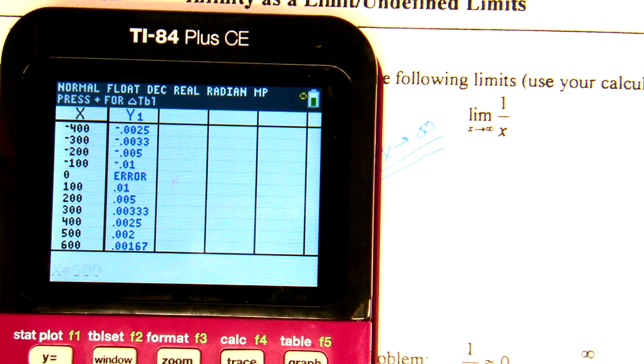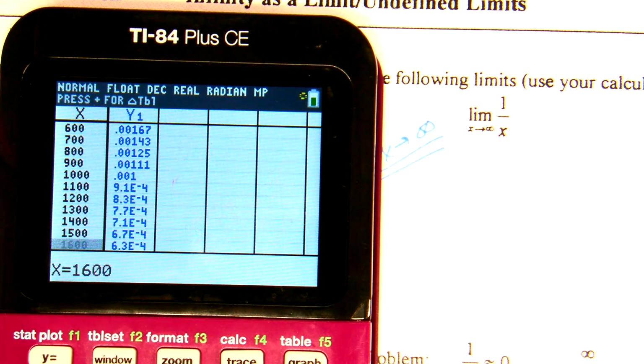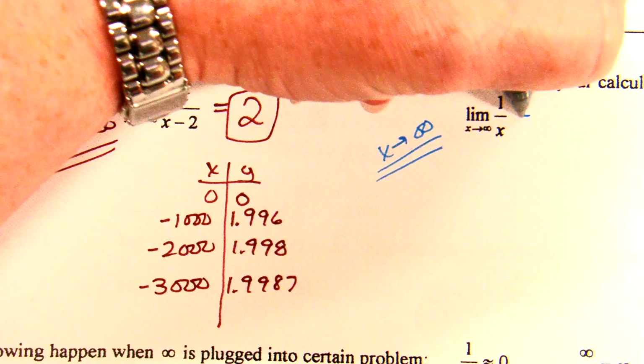Okay. So, as my x values are getting bigger, what's happening to my decimals? They're getting smaller and smaller and smaller, yes? And as they're getting smaller and smaller, they are going to approach 0. So, the answer to this limit is 0.